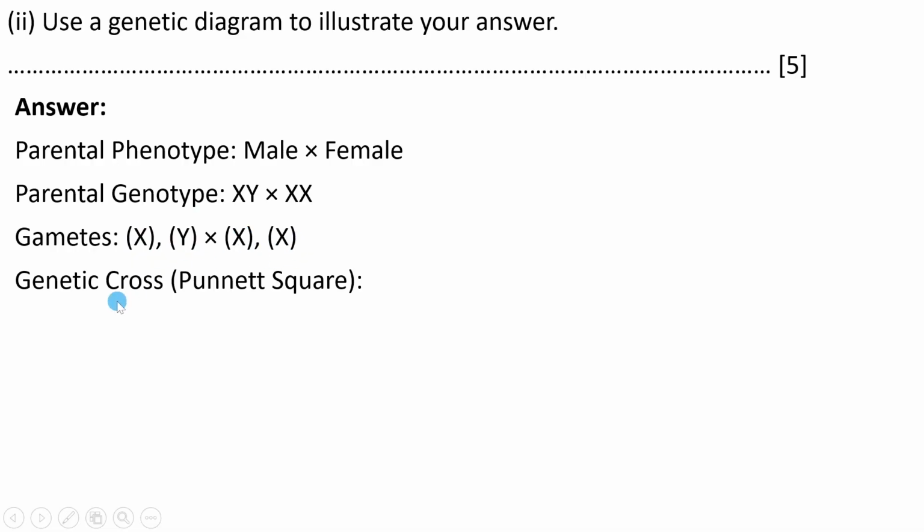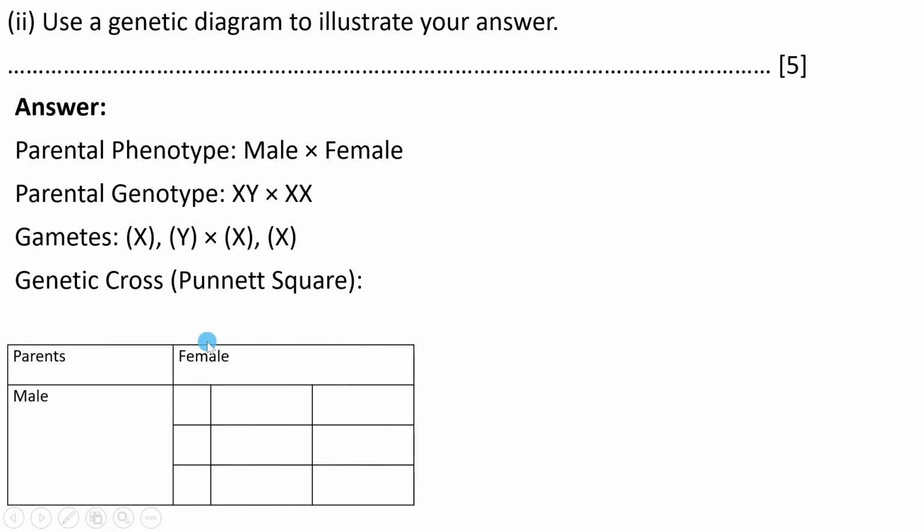So in answering, instead of using a cross diagram that we are always used to, I decided to use what we call a Punnett square. So a Punnett square is like this. We'll have parent, male here, and then female here. We distribute the male gametes here, one X and another Y here.